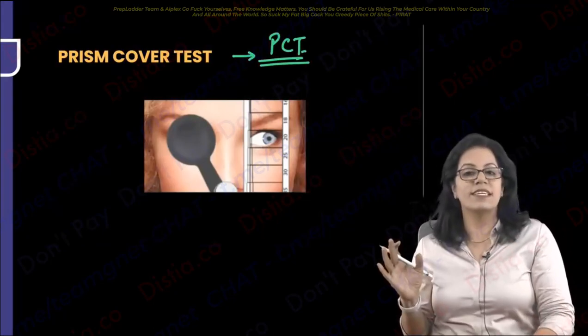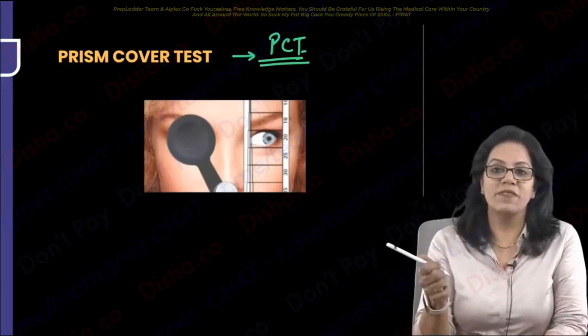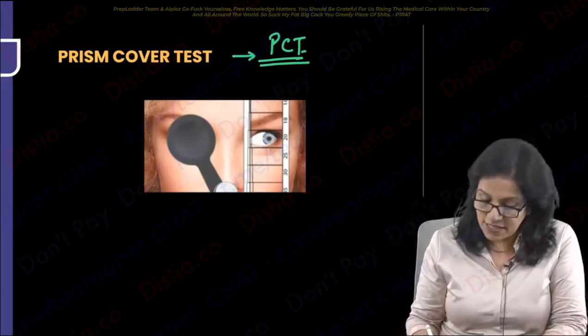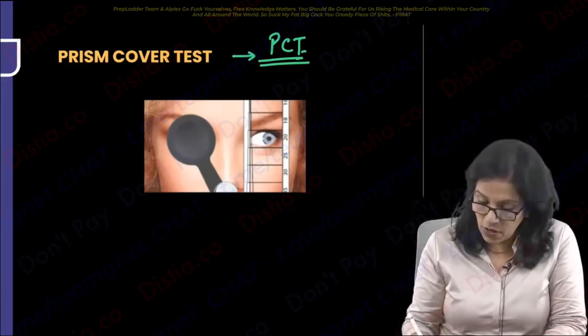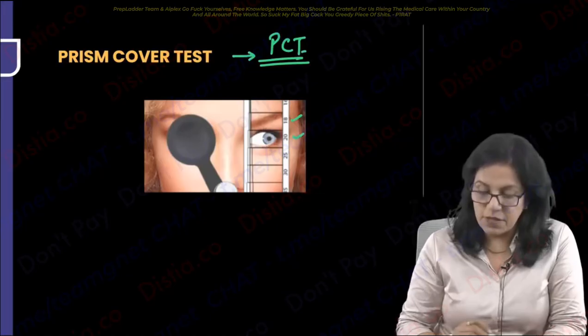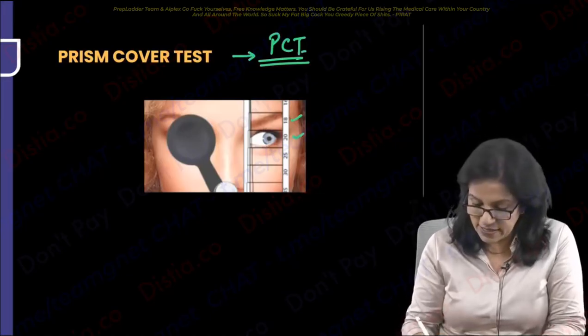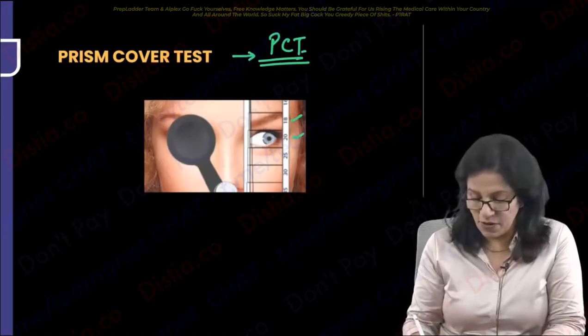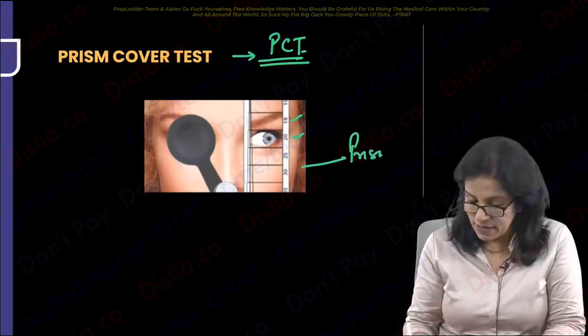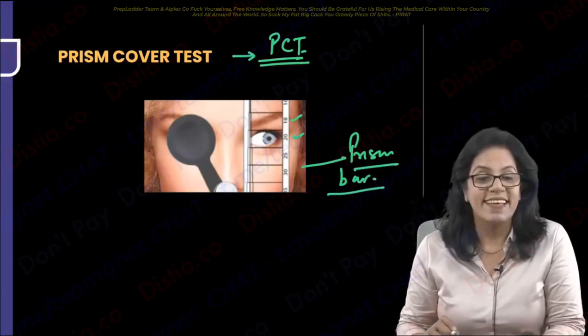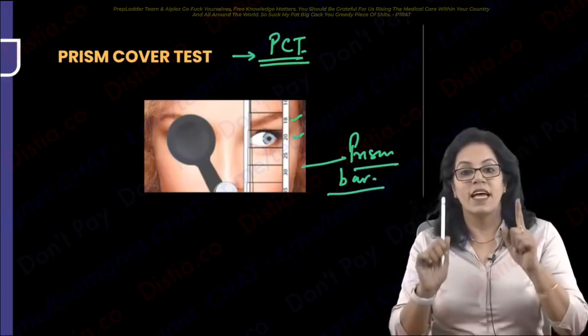Do the same cover test that you're doing. Look at the movement of the uncovered eye. But this time when you're doing that, you are also putting the prism of different strength. So this is like a scale with different strengths of prism. We call it prism bar. If there are different prisms in the same scale, we call it prism bar. Pay attention. Look at me.